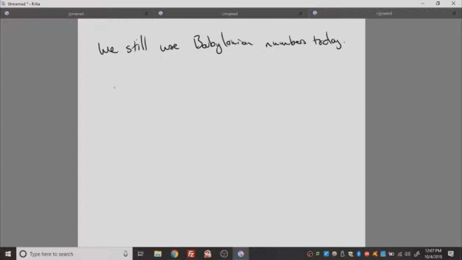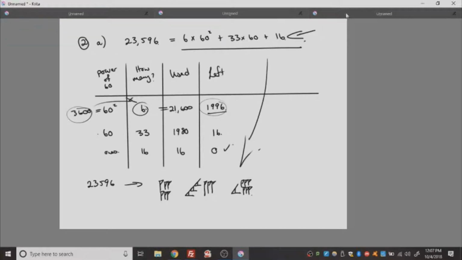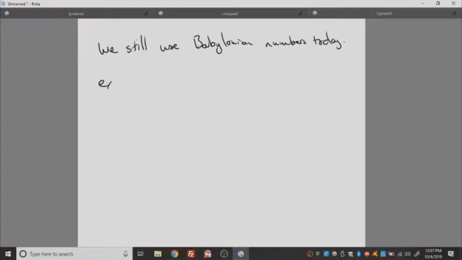Think about, let's go back to the previous example. Actually, no, let's not. If I ask you, convert 23,596 seconds into hours, minutes, and seconds.